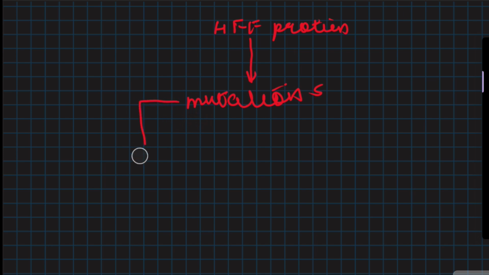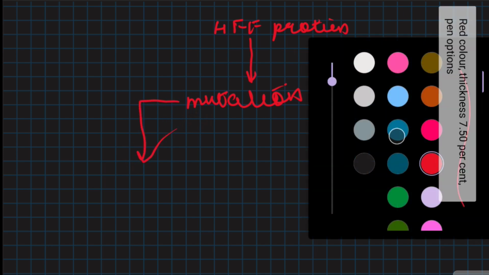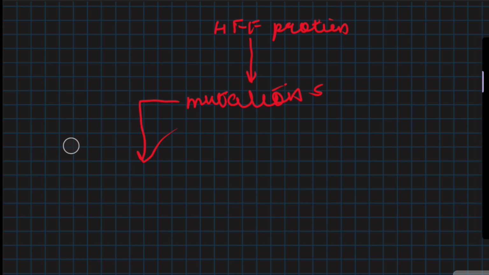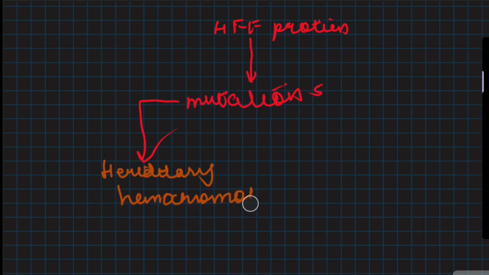We have something called as hereditary hemochromatosis. Very important for exam. You need to remember, and you will only be able to remember it if you know the physiology of iron.